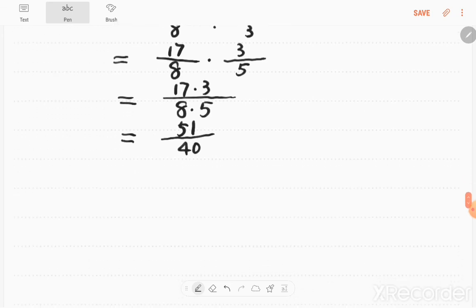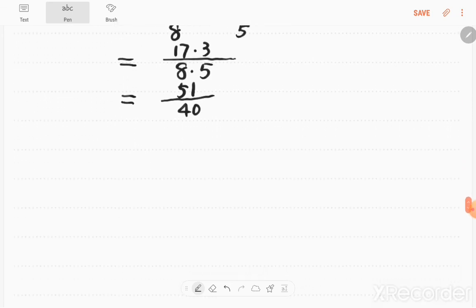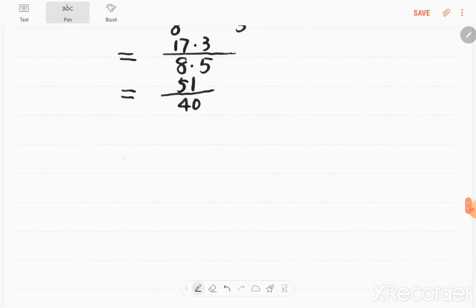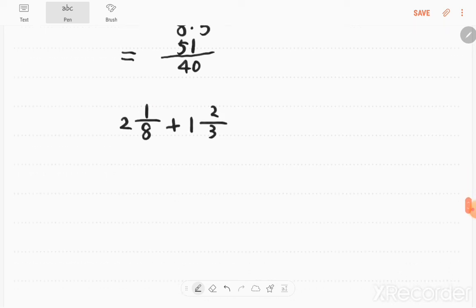Let's check another example. The addition with mixed number. Okay, this time we want to do the addition. We still need to do the same thing. Switch our mixed number into the fraction. So we keep 8 as our denominator and do the shortcut version. 1 times 3 plus 2.